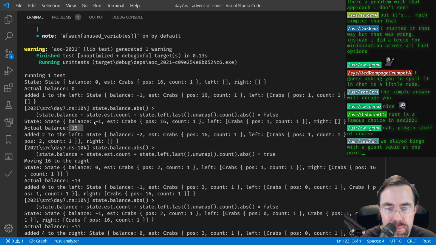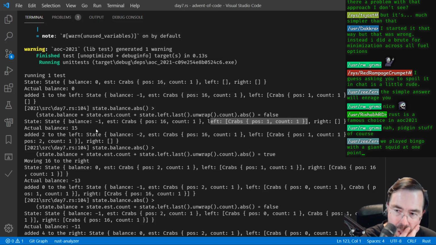These are wrong. It's actually 15. Why is it 15? Oh, I see. Because we're picking position 16, but we put the crab on the left all the way at 1, so it's going to cost it 15 fuel to move over to where we are. Oh. I see.